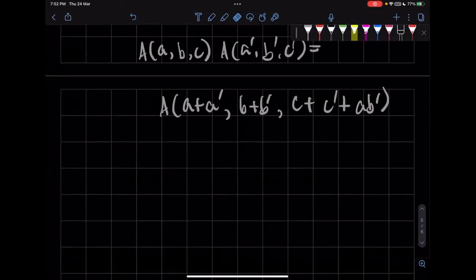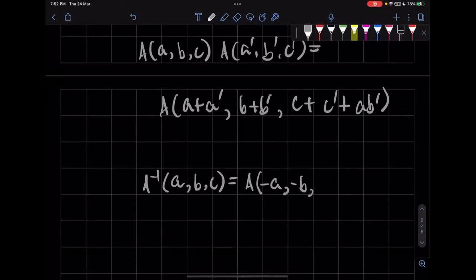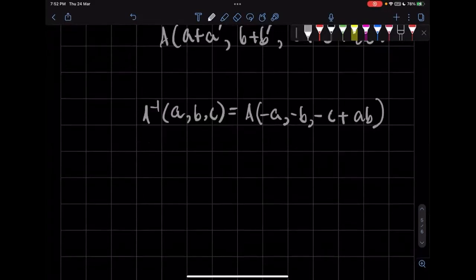Okay, so you can verify that for the Heisenberg group, from this algebra, the inverse of (A, B, C) is (minus A, minus B, minus C plus AB). So this is actually a non-abelian group.